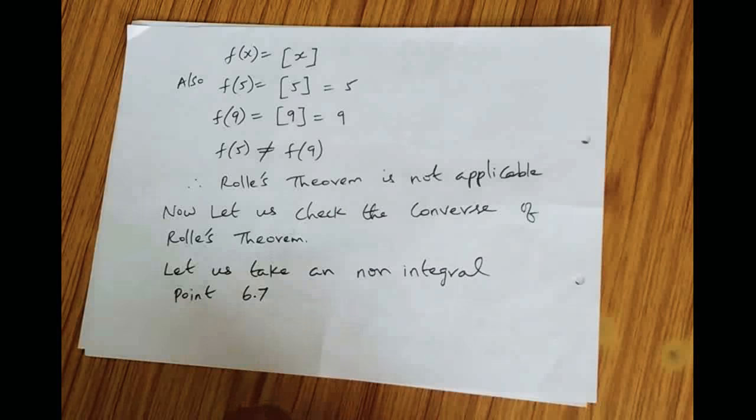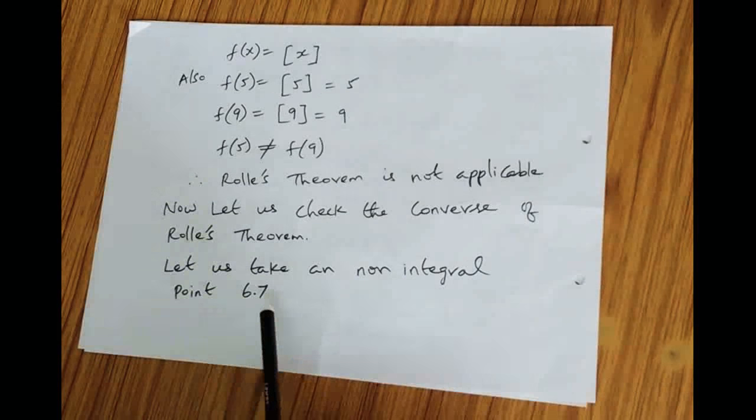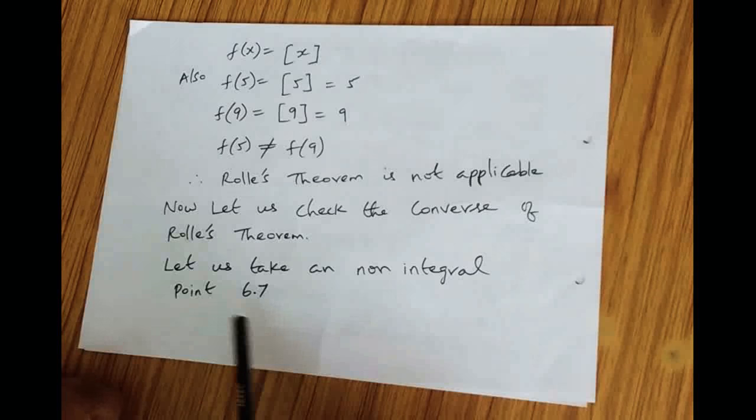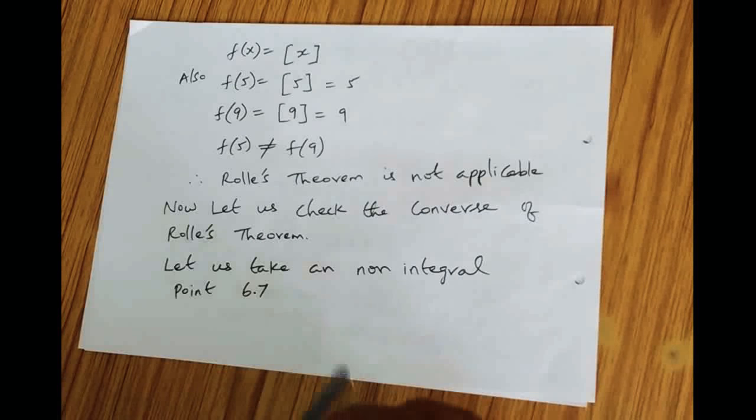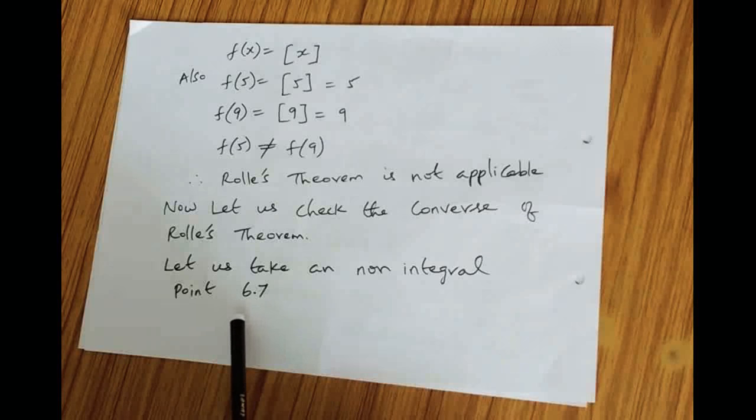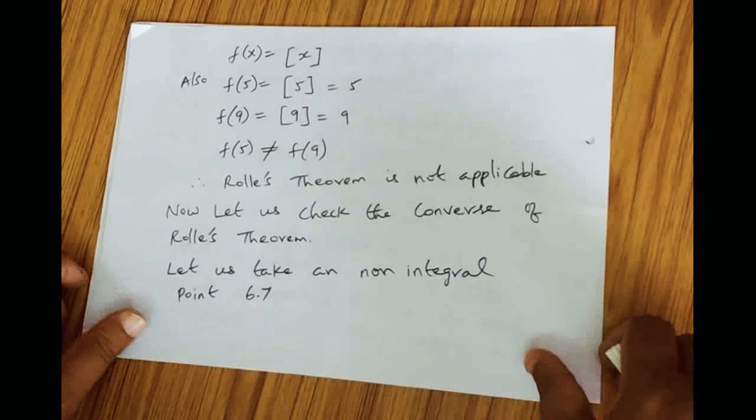So now let us check the converse of Rolle's theorem. For the converse of Rolle's theorem, I am taking a non-integral point 6.7 in between the given interval endpoints and 9.